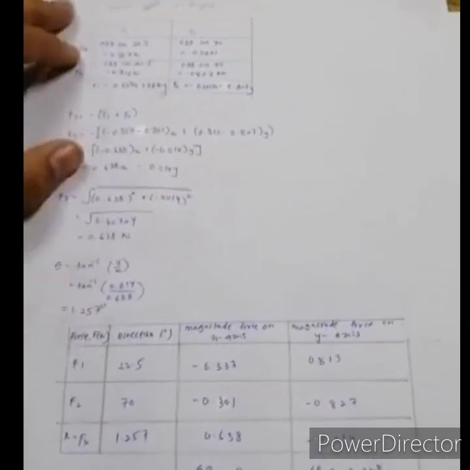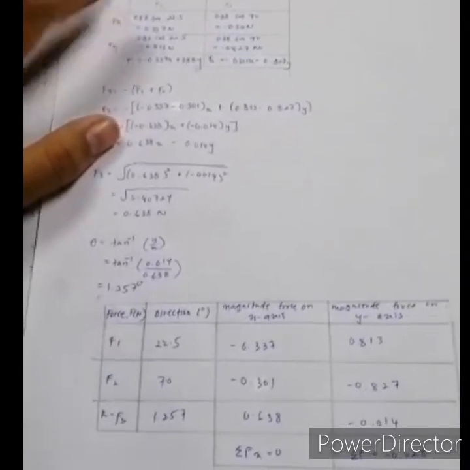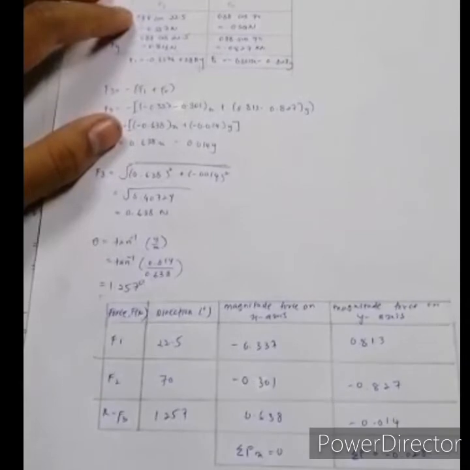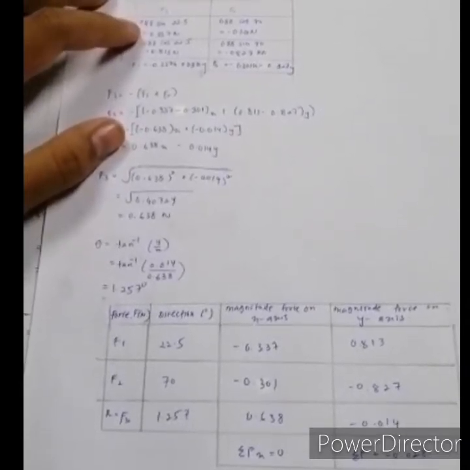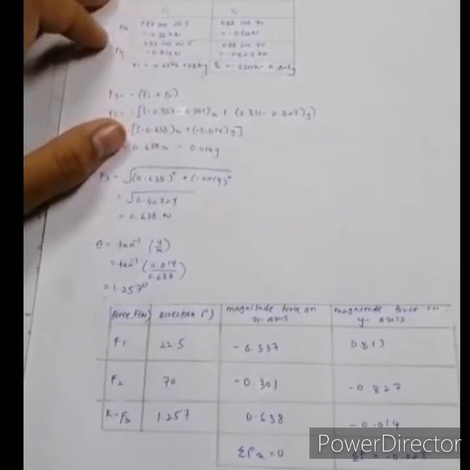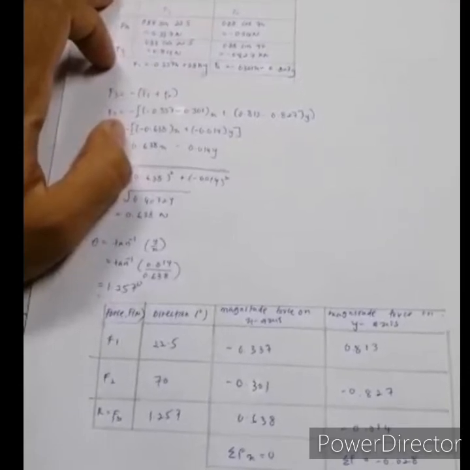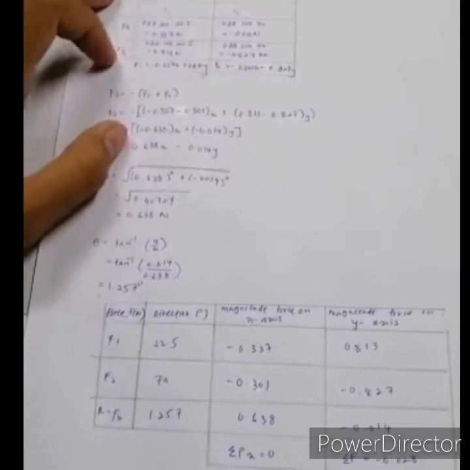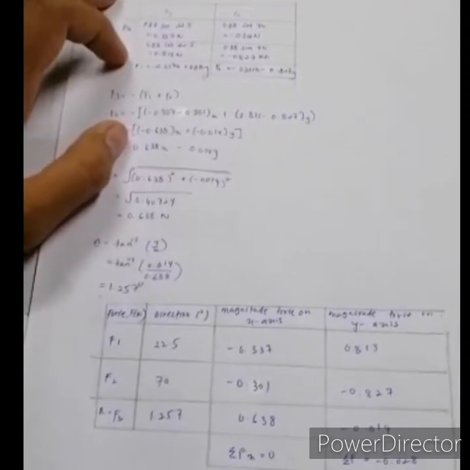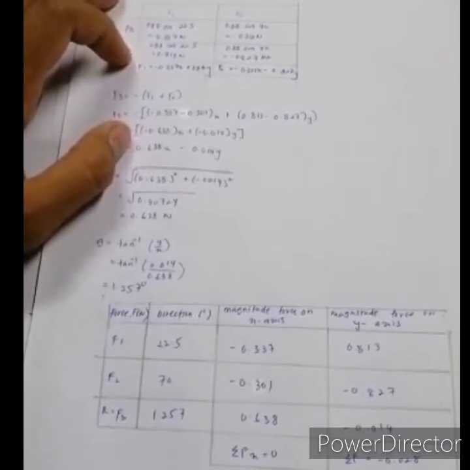Data analysis, table 3. F1 Fx is 0.88 sin 22.5, which is negative 0.337 newtons. F2 Fx is 0.88 cos 17, which is negative 0.301 newtons. F1 Fy is 0.88 cos 22.5, which is 0.813 newtons.